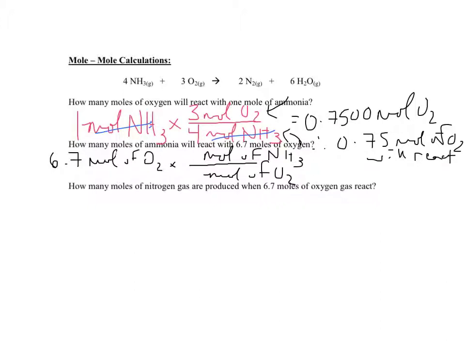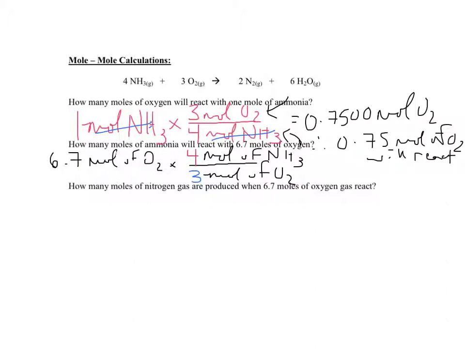Now I look at my balanced chemical equation up at the top for my coefficients. So how much ammonia? 4 moles of ammonia. What amount of oxygen? 3 moles of oxygen. So in my calculator now, I press 6.7 times 4 divided by 3.